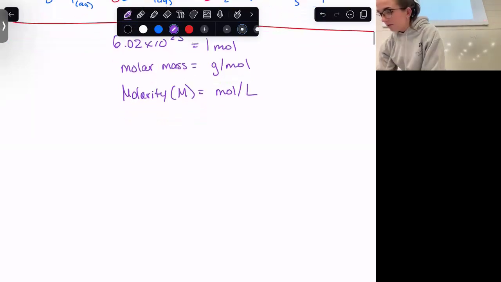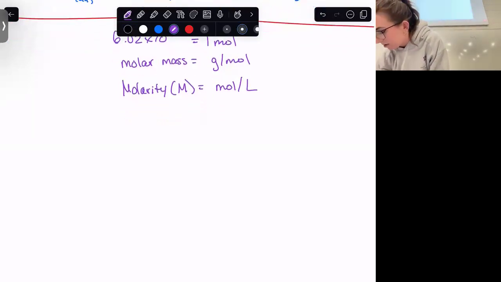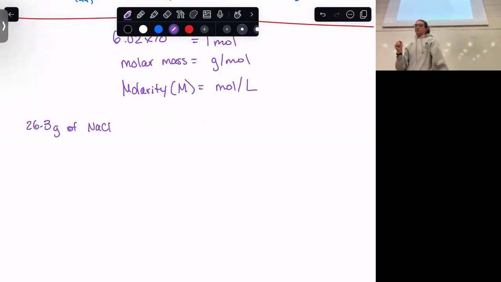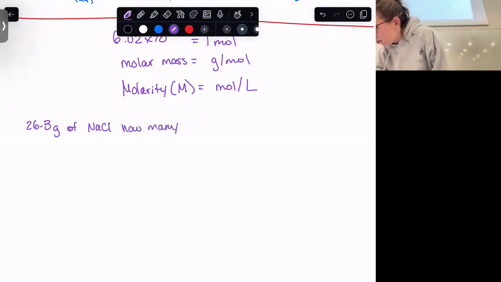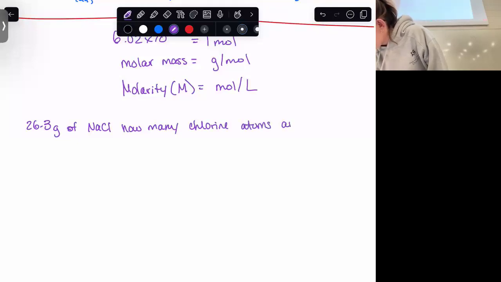One example we could do is: we have 26.3 grams of NaCl, and I want to know how many chlorine atoms there are.